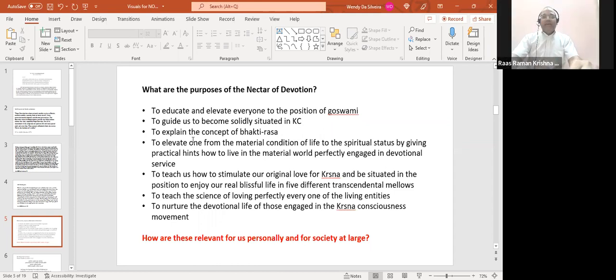Yes, Mataji. Whatever I have studied today, like you mentioned in the message this morning about reading the six purposes from the preface, what I found is that the most important of the six purposes of the Nectar of Devotion is to stimulate our original love for Krishna.